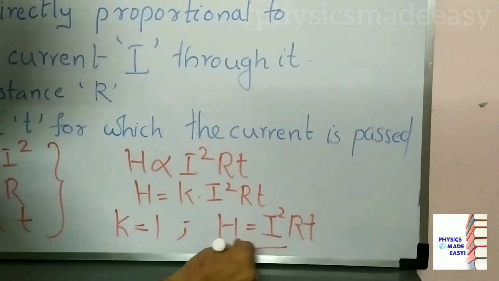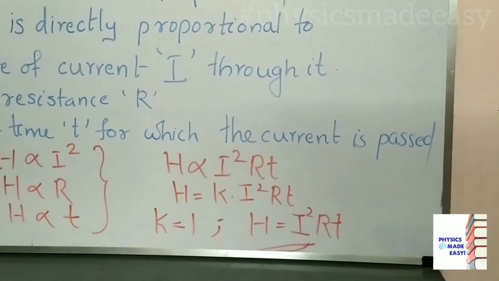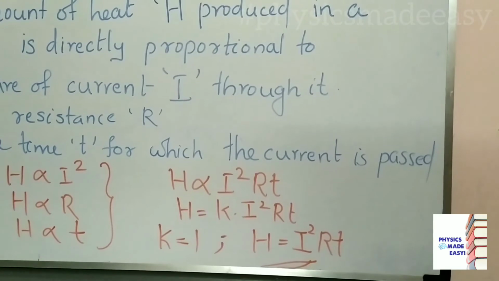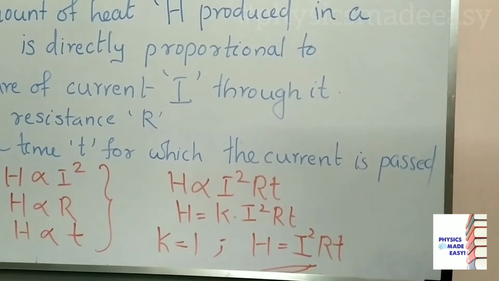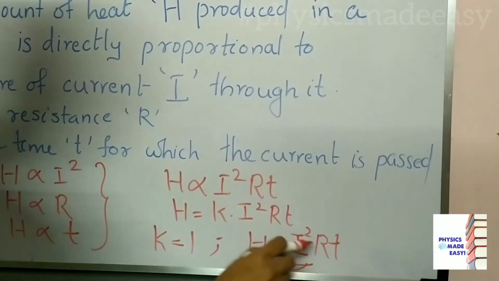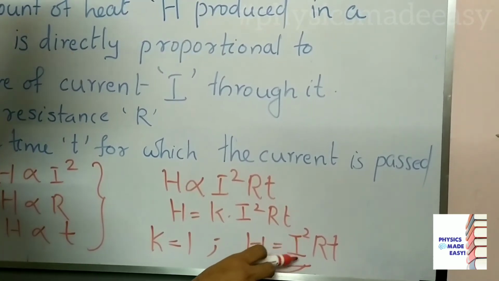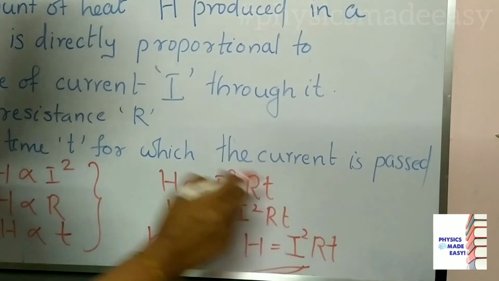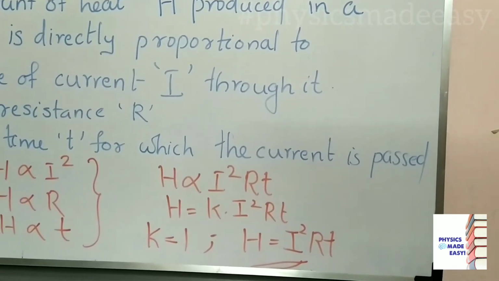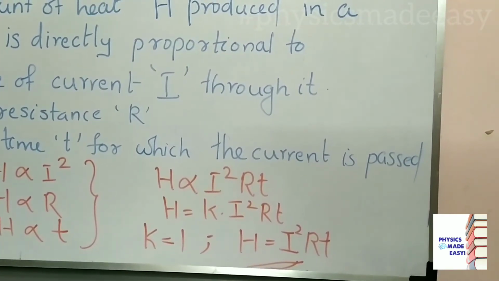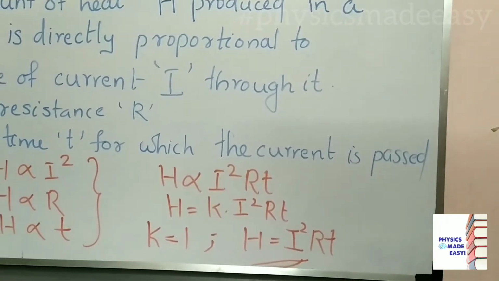This equation gives us the amount of heat produced in that conductor. H is equal to I squared Rt. This amount of heat is directly proportional to square of the current, resistance, and the time. What is the unit of this heat energy? That is Joule. You know that unit.